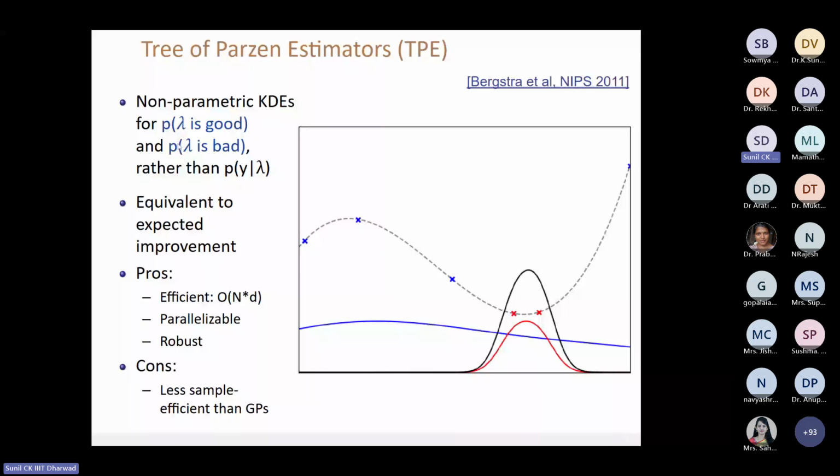So you are saying that the model Y for a certain number of hyperparameters has been chosen. It is equivalent to expected improvement. The pros: it is efficient, the complexity goes up as N times D, and it is parallelizable and robust. The disadvantage is that it is less sample efficient than the Gaussian process.